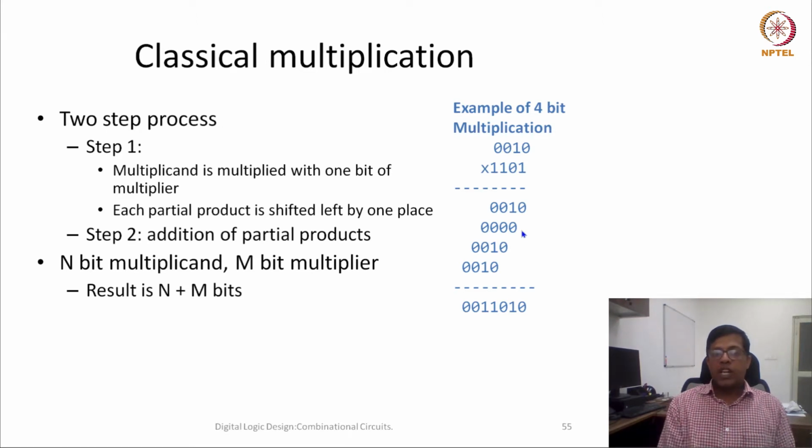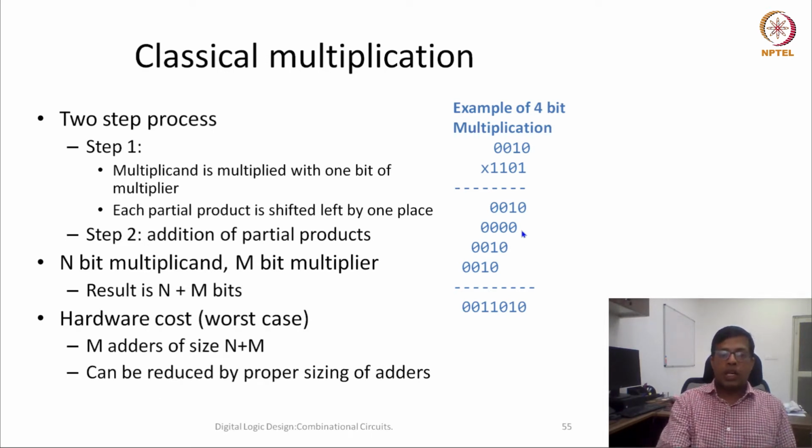We have also seen that if the multiplicand is n bits and the multiplier is m bits, the result is going to be n plus m bits. Now this hardware cost we saw last time, so we are trying to revisit it in the case of sequential multipliers.